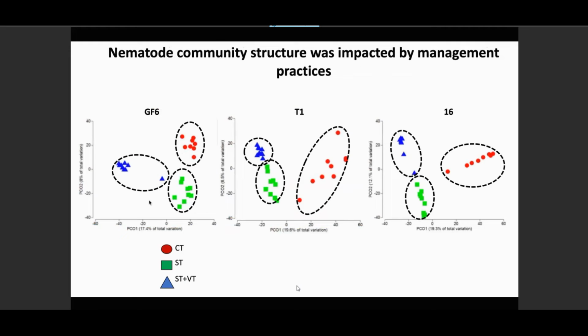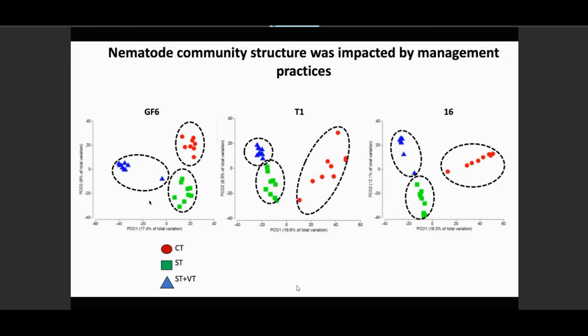The red round is the conventional till, the green square is the strip till, and the blue triangle is the strip till plus the VT treatment. The separation in the communities here represents that the management has a tremendous impact on the structure of the nematode communities in the soil.